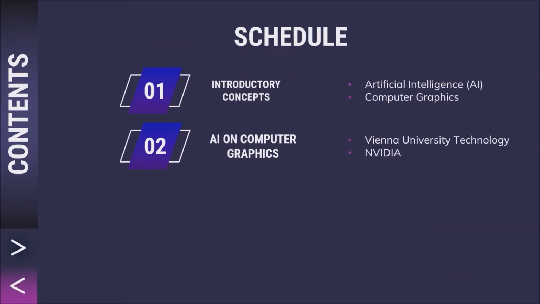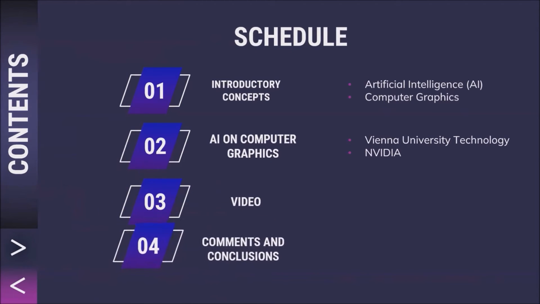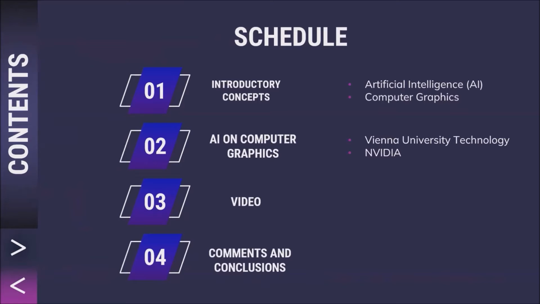To reach this, we are going to talk about some other concepts that are involved in the process. Finally, I'm going to show you a little video, and then I'm going to give you some conclusions about the relation between artificial intelligence and computer graphics. So let's start.